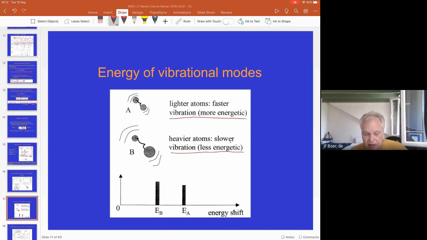So the energy shift involved depends on the masses of the atoms in the molecule, and that is why it allows you to really identify individual molecules. Here we see two different vibrational levels, where this is the higher energy vibration associated with the light atoms, and this is a lower frequency vibration associated with the heavier atoms.